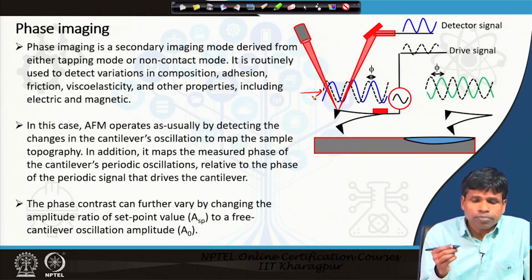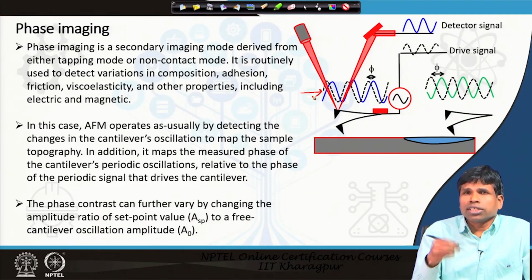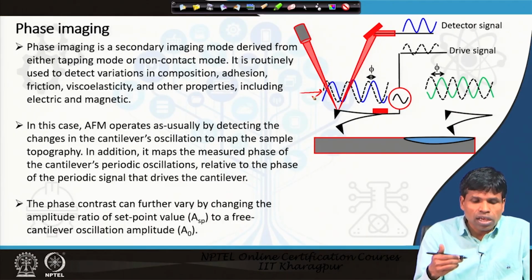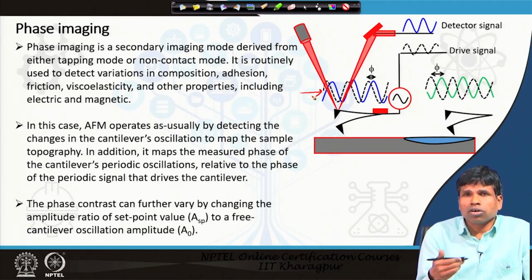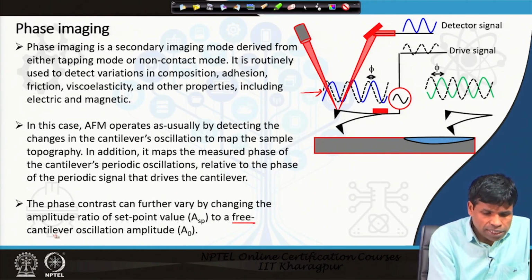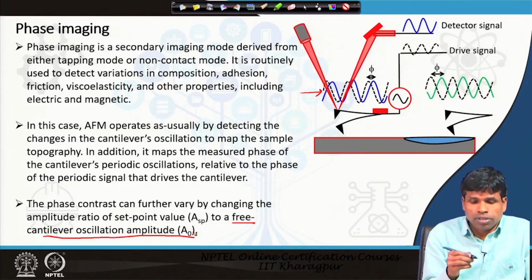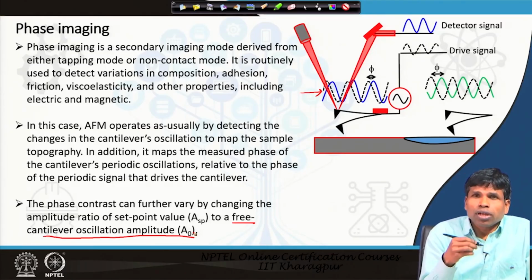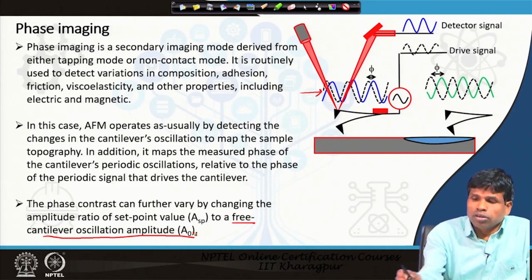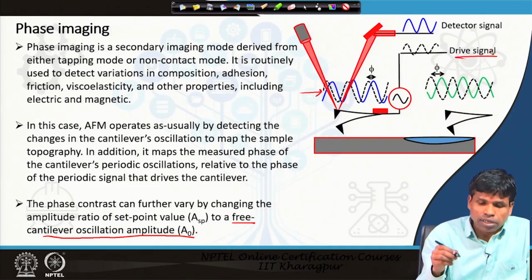When a cantilever oscillates at its resonance frequency, we call that the free cantilever oscillation, with amplitude A0. Now, we can drive that oscillation to a different set point value.